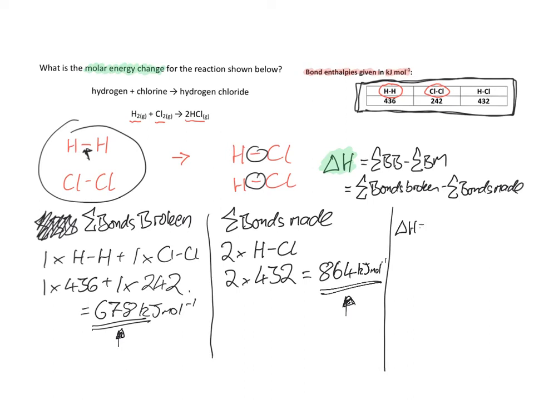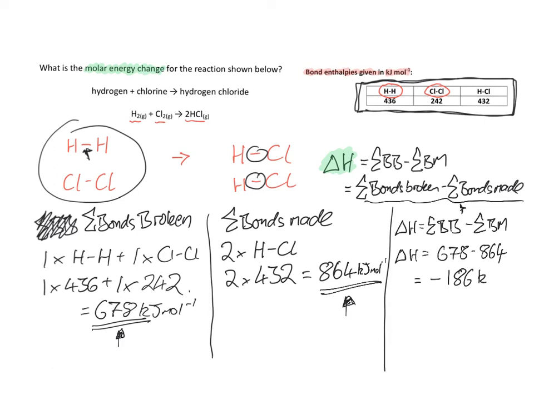Delta H equals sigma, and I'm running out of room here, so I'm going to write BB minus sigma BM, and I can probably get away with it because I've written it out in full up here. So delta H equals 678 minus 864, which equals minus 186 kilojoules per mole.